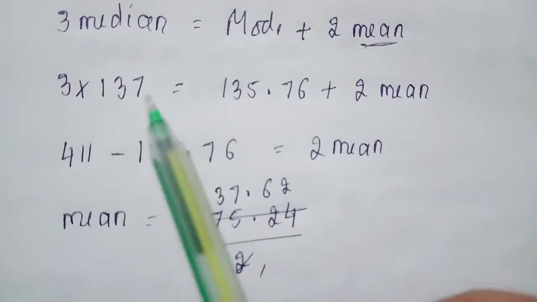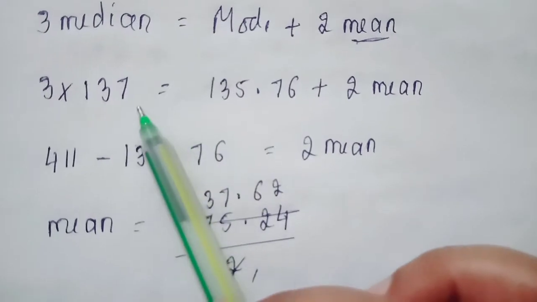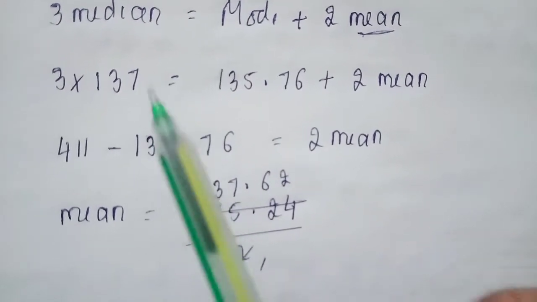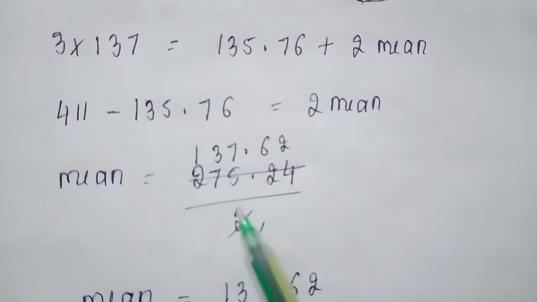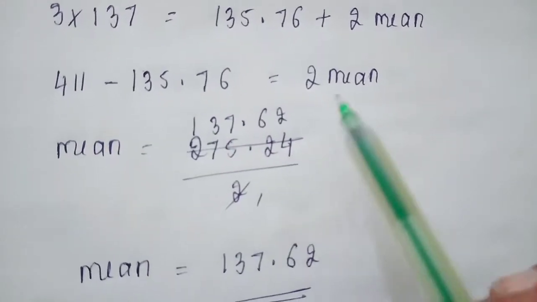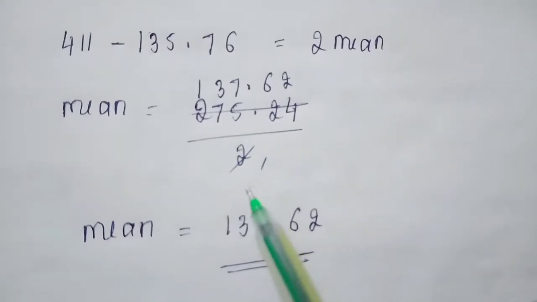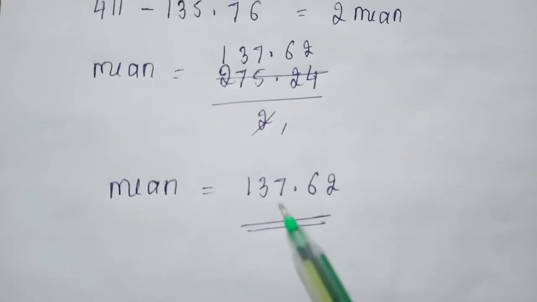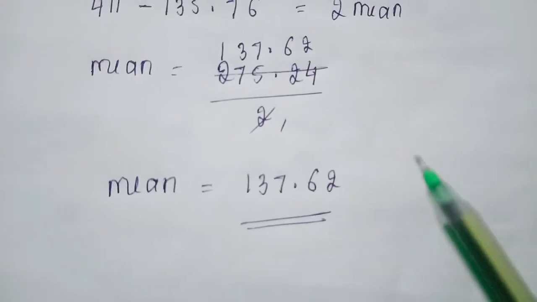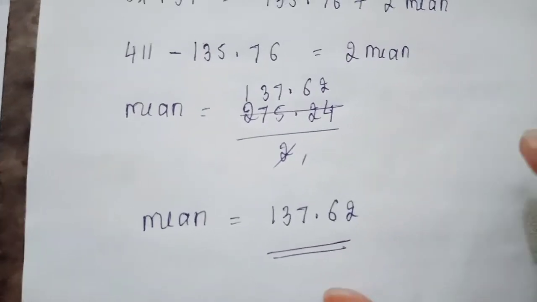So 3 into 137 is 411, and bringing 135.76 to the left side, we get minus 135.76. After subtracting we get 275.24. Therefore mean equals 275.24 divided by 2. So mean equals 137.62. So note, mean, median and mode, all the values will be different. They won't be the same.